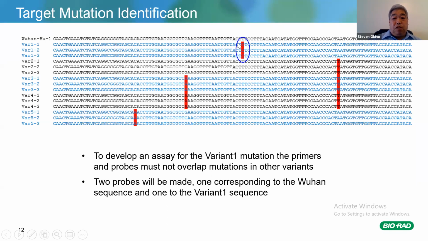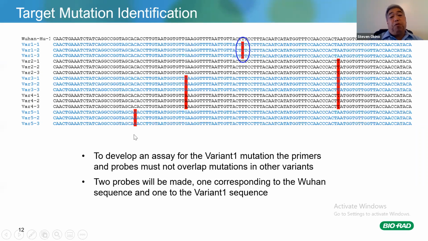Now here, suppose they said, okay, they want me to look at variant 1 and design an assay for this particular mutation here. You can see that there's a mutation here. The base is different than the wild type Wuhan virus. So this is variant 1, this is the target that we want. But then you can see that in variant 2, 3, 4, you have different mutations in different regions.